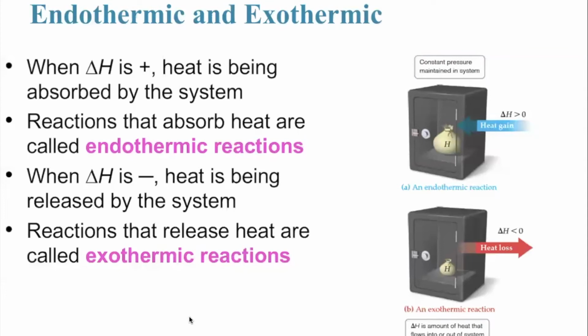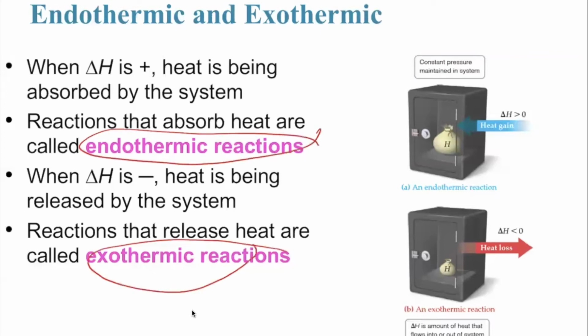We call this an exothermic reaction. You want to make sure you become familiar with both. So remember, for endothermic, we have a positive delta H and a positive Q. For exothermic, we have a negative delta H and a negative Q.